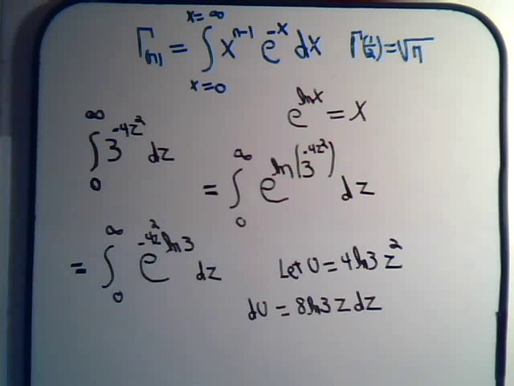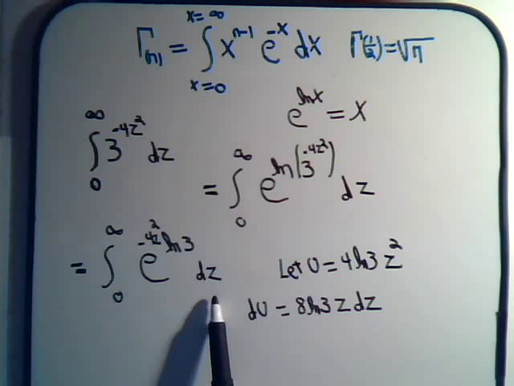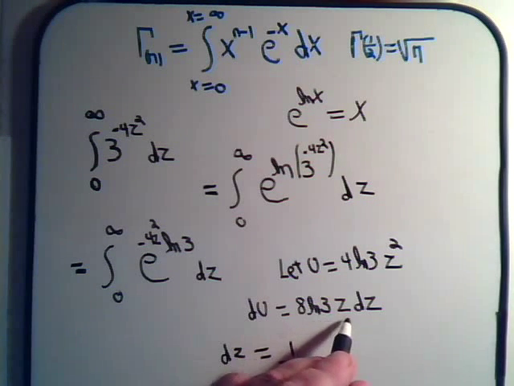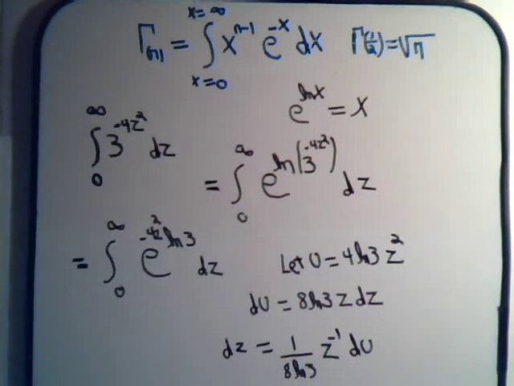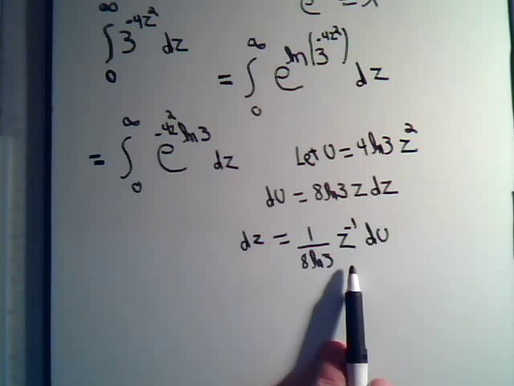Now, we want to have dz expressed entirely in terms of the variable u. Let's start with this. We'll say dz will equal 1 over 8 times the natural log of 3, dividing both sides by this, z to the minus 1 times du, and now we have to get an expression for z in terms of u.